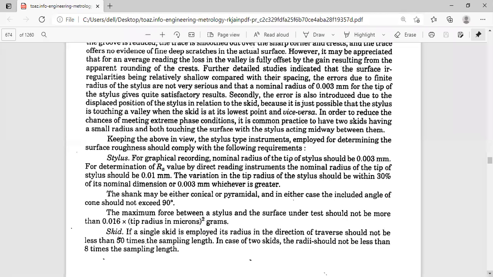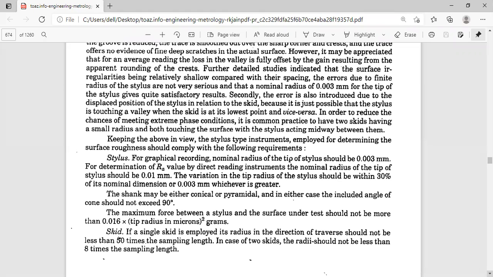So don't give a wider tolerance for calibration; you lessen the tolerance. The variation in the tip radius of the stylus, as we just discussed, is 30% of the nominal dimension.